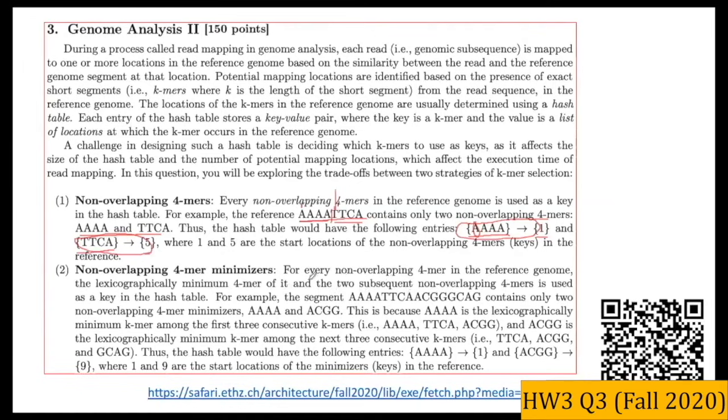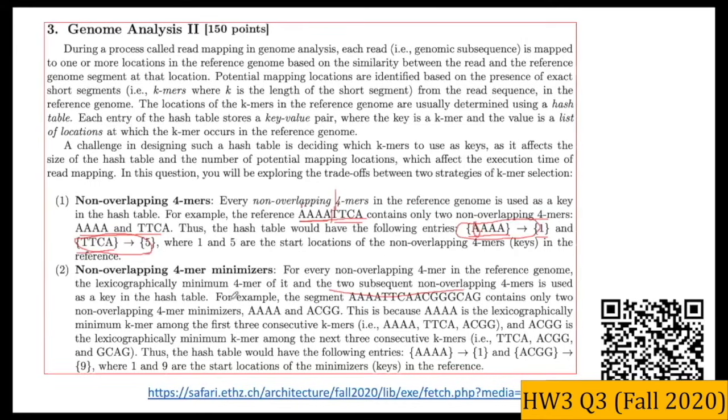So every time we need to extract 1 k-mer and another 2 subsequent non-overlapping k-mers. So we extract 3 seeds or 3 k-mers from a sequence, and then we calculate the lexicographically minimum k-mer out of these 3 k-mers.